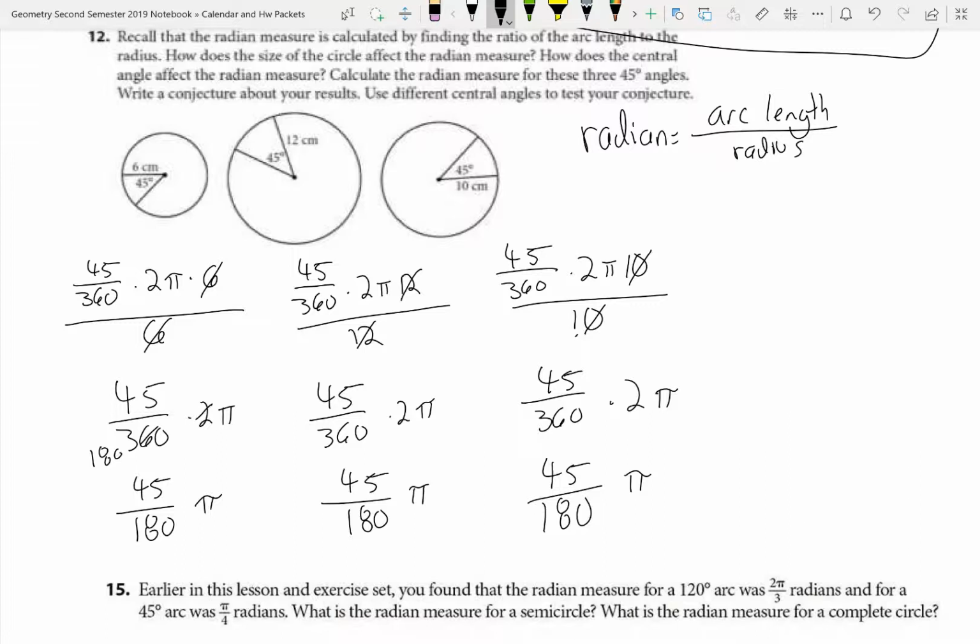I also notice that these are all basically 45 times pi over 180. So it looks like you're multiplying 45 by pi over 180. And that would be my conjecture: multiply pi over 180 times the central angle to get the radian measure.